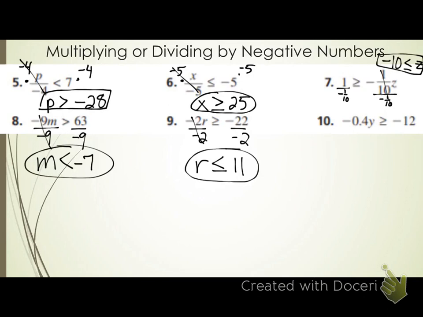Lastly, number 10. Negative 0.4y is greater than or equal to negative 12. If y is being multiplied by negative 0.4, how would I get y by itself? Divide by negative 0.4 on both sides. Negative 12 divided by negative 0.4 gives me what?